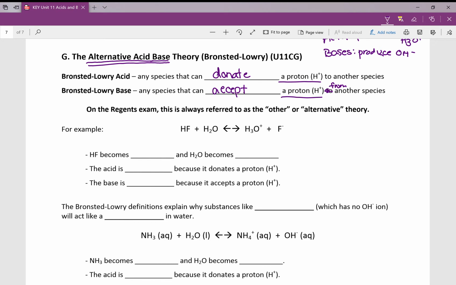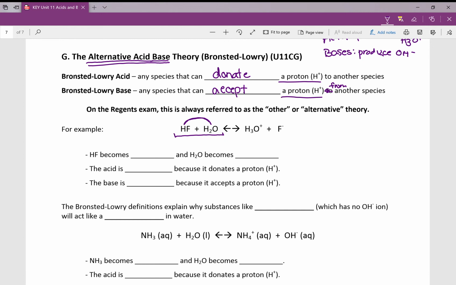So for us, we are always talking about our two reactants. Remember, our reactants are the species on the left-hand side. The right-hand side are their products. That's just what they are going to turn into after the reaction. So we have to know if the H plus is going to move from HF to H2O, or from H2O back to HF, and we have to look at what they become.